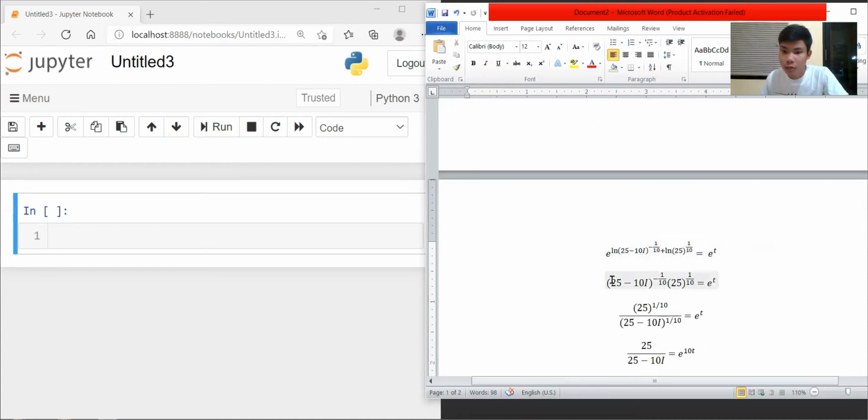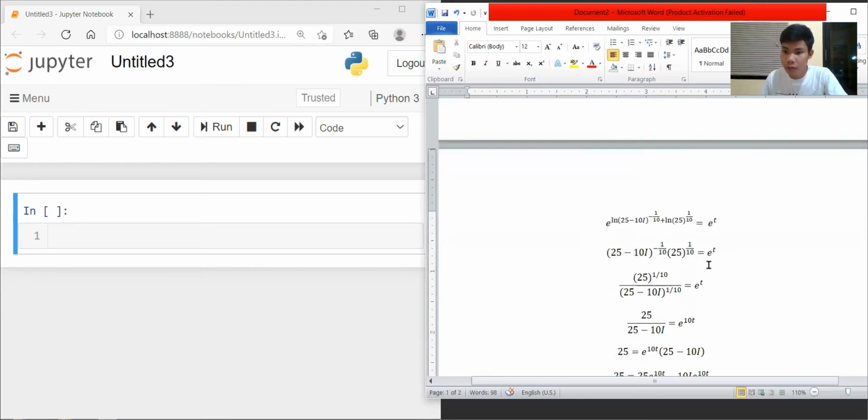And it will bring us this result. So ln cancels, this one cancels. And we will have the quantity 25 minus 10i raised to negative 1 over 10 multiplied by 25 raised to 1 over 10, which is equal to e raised to t.